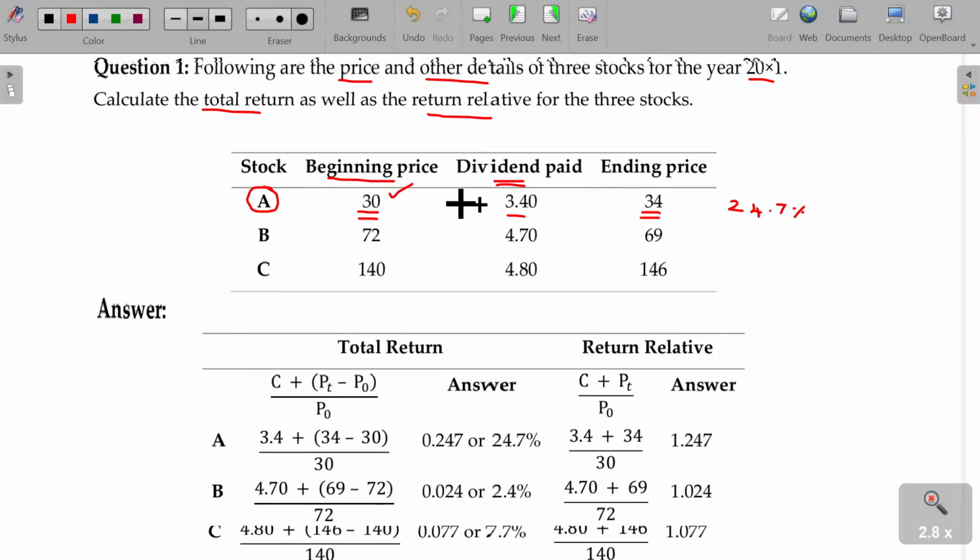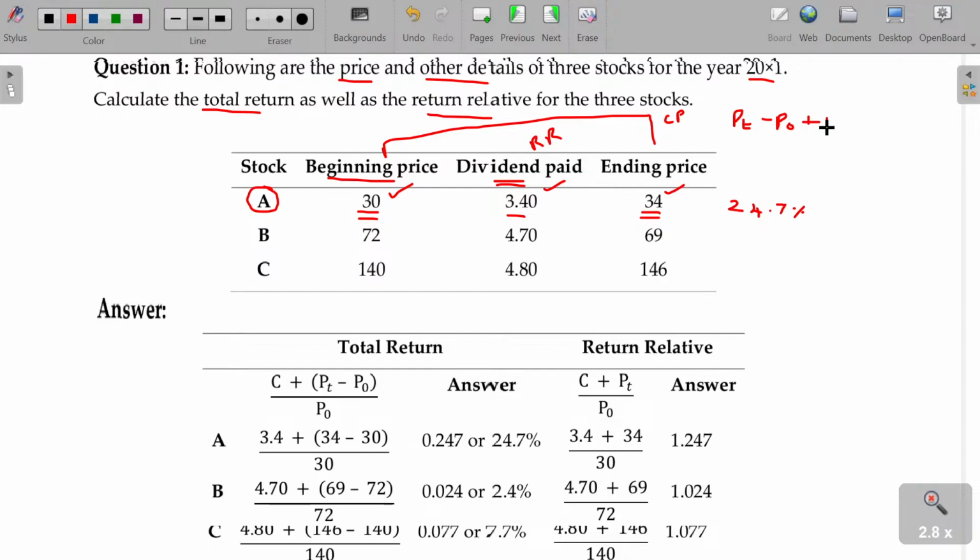The 30 rupees you invested becomes 34, so you get 4 rupees capital appreciation. Apart from that, you get 3.4 dividend. So this is the overall return. The difference between beginning price and ending price is the capital return, the capital gain. Dividend is the regular income. Anyhow, both will be your income only. How can you calculate it? Price at the end of the first year minus price at the 0th period.